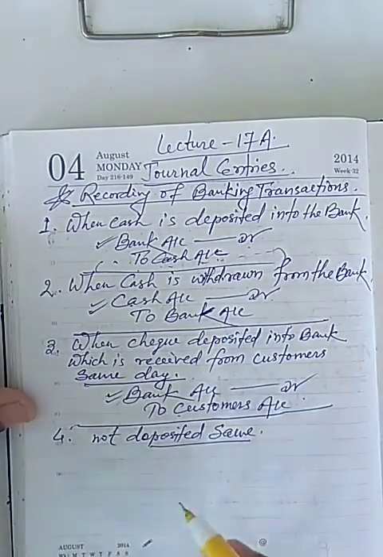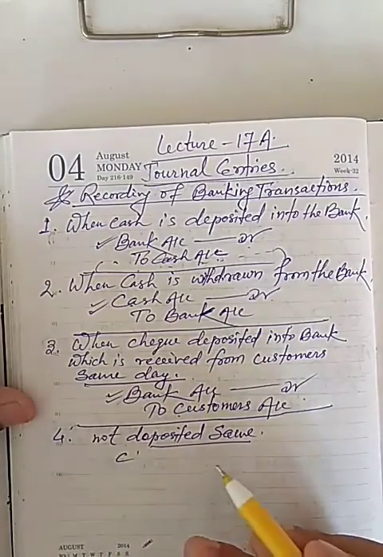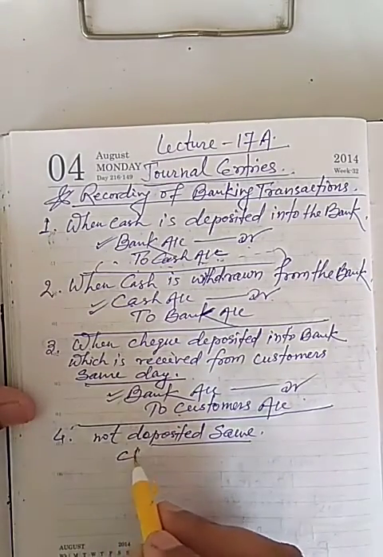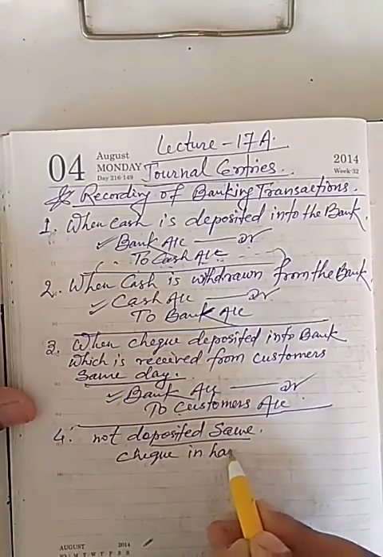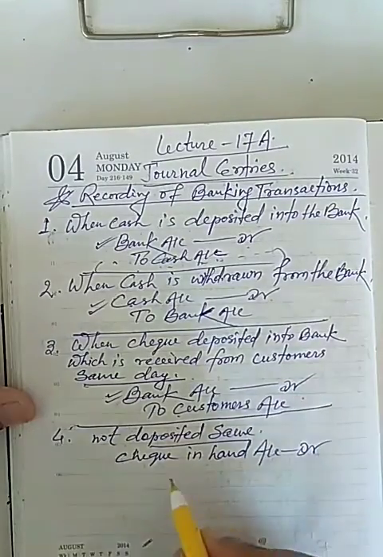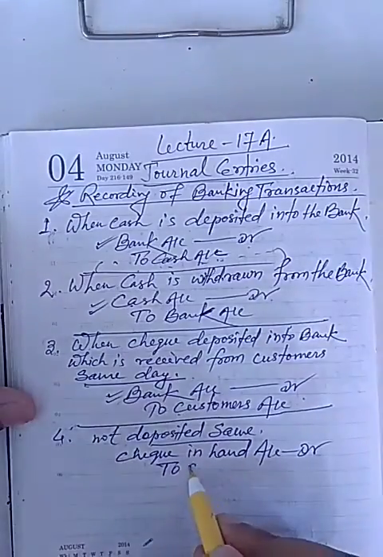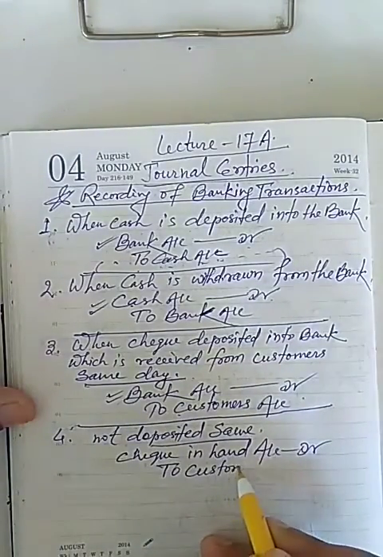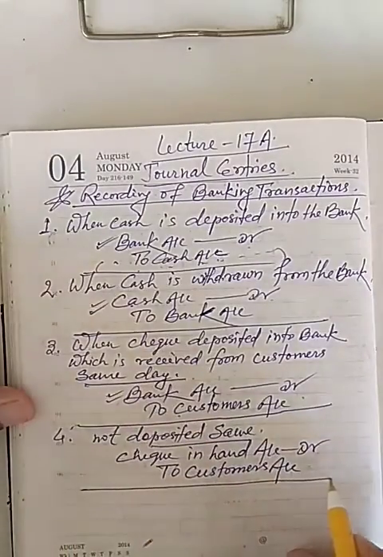In this case, journal entry will be check is coming in my business, so check in hand account DR to customer's account, because customer is giver.